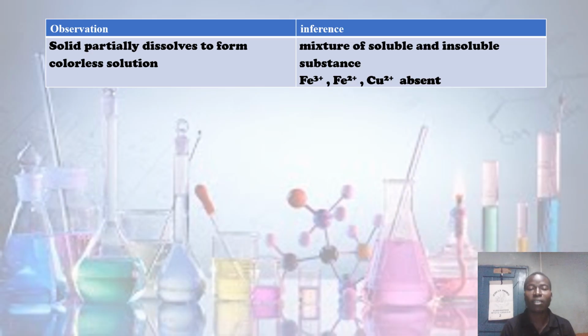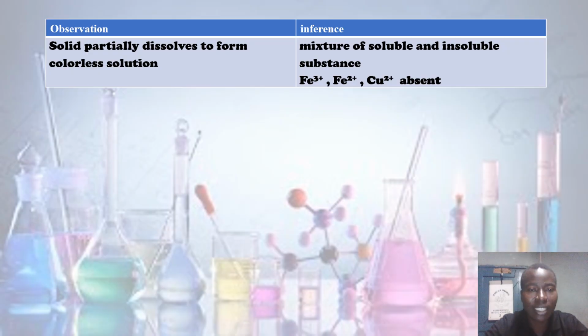Yes, I have a solution, its color is colorless, and I have some solid remaining in it. So you make your observation by saying that the solid partially dissolves to form a colorless solution. Partially dissolves implies that some part dissolves and another part does not dissolve.